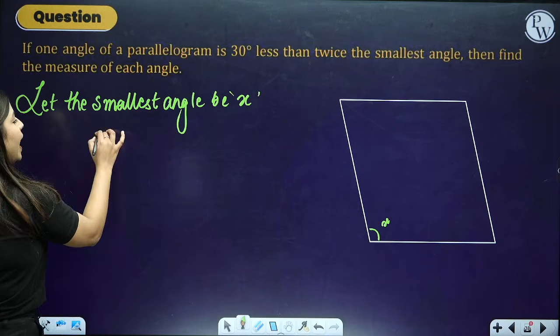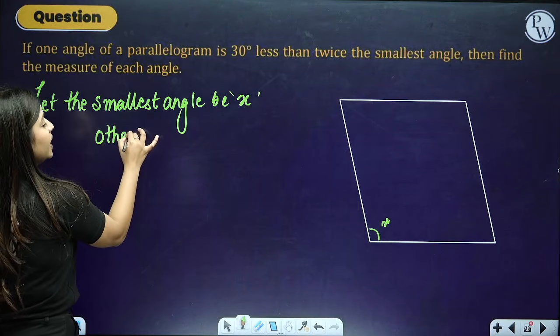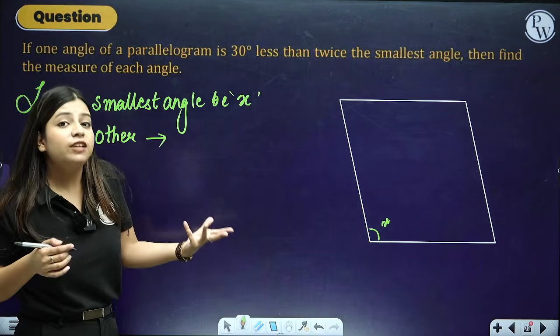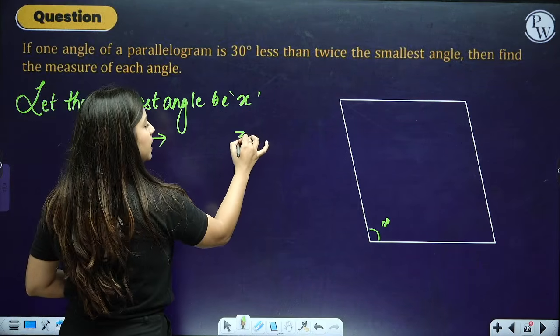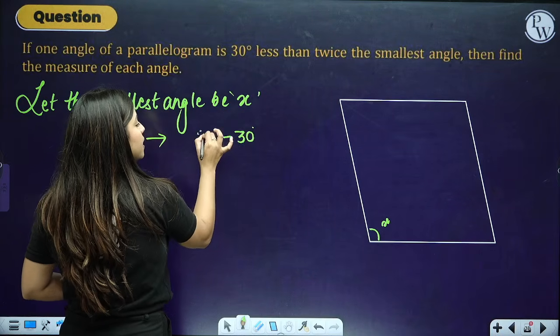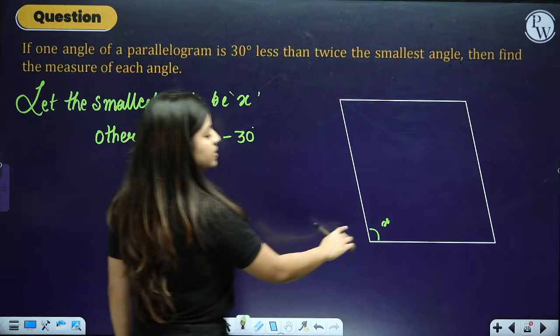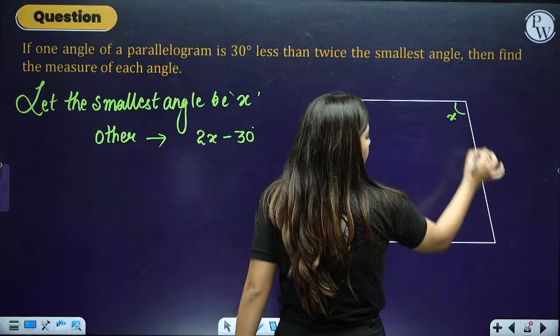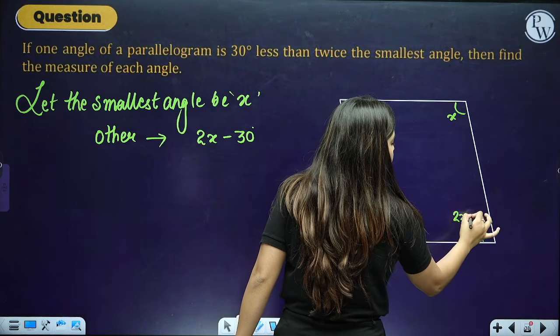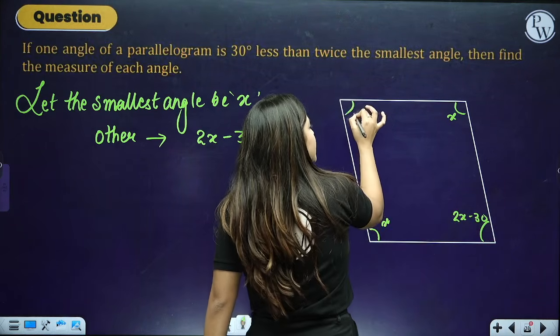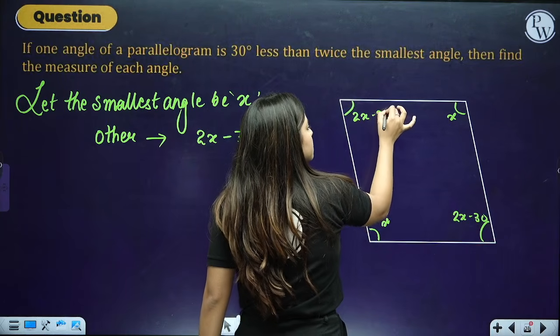So the other angle will be 30 degrees less than twice the smallest angle. So if this is x, this is also x. If this is 2x minus 30, this angle will also be 2x minus 30.